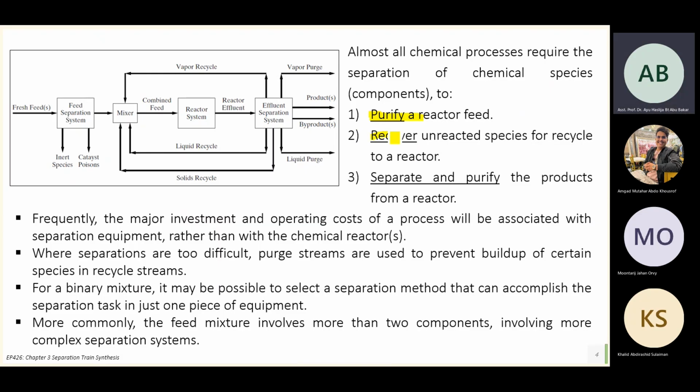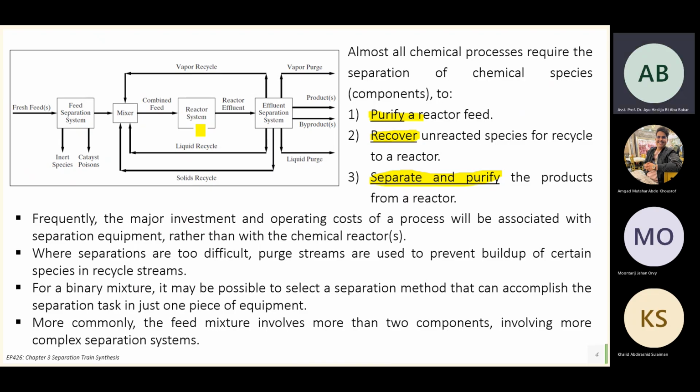And to recover the unreacted species for recycle to the reactor, and to separate and purify the products from a reactor. Usually it will involve before the reactor and after the reactor.